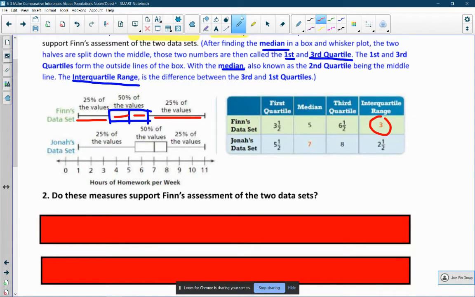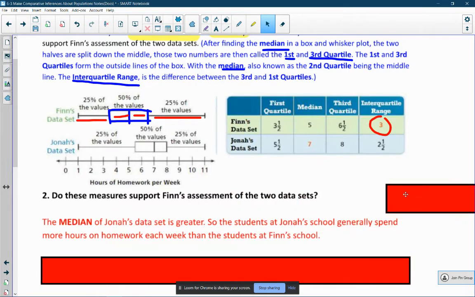Okay, so by finding the interquartile range and comparing the first and third quartiles, we can say this: the median of Jonah's data set is greater, right? 3 is greater than 2.5. So the students at Jonah's school generally spend more hours on homework. That's a valid inference that we can make.